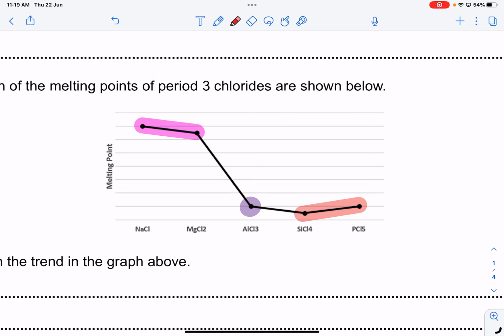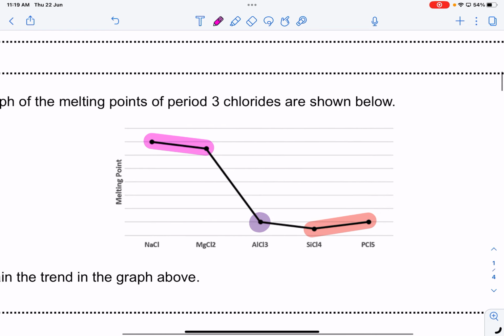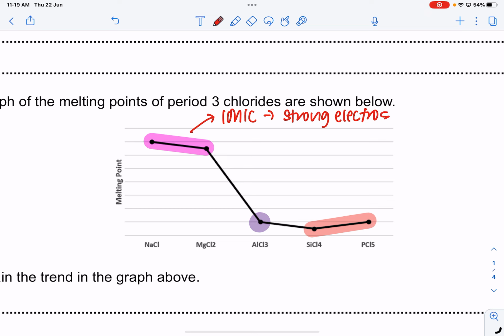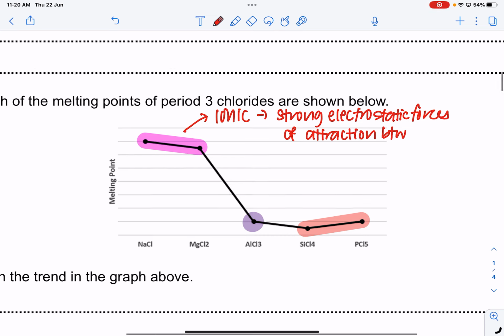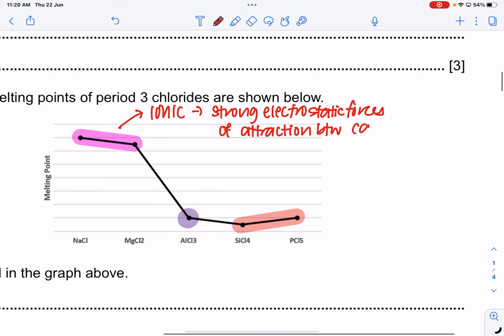So in this case for our NaCl and our MgCl2, this is due to ionic bond, so it's ionic. So this is your strong electrostatic forces of attraction between your cation and anion.